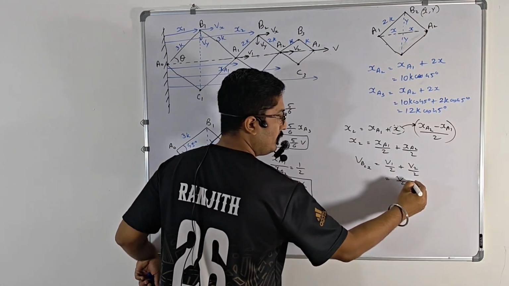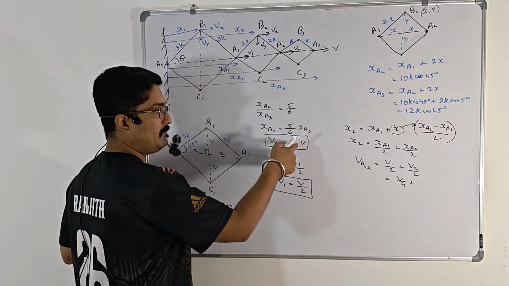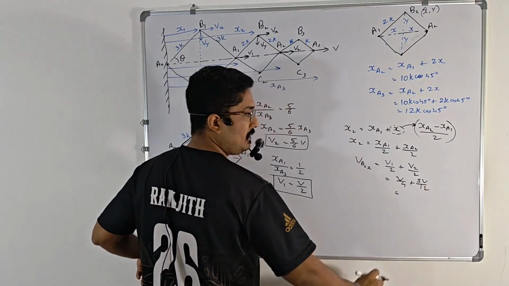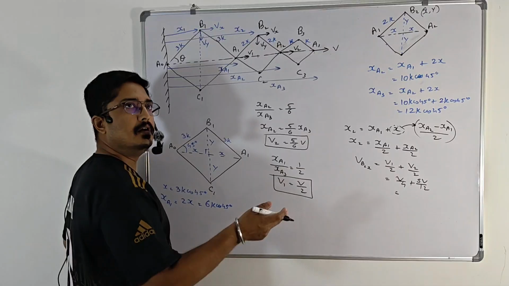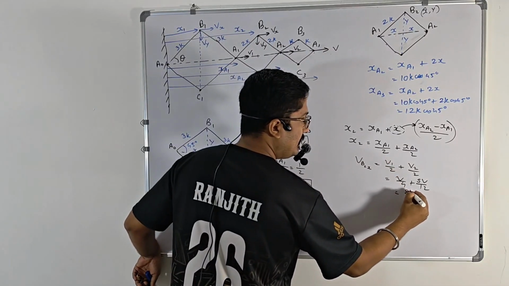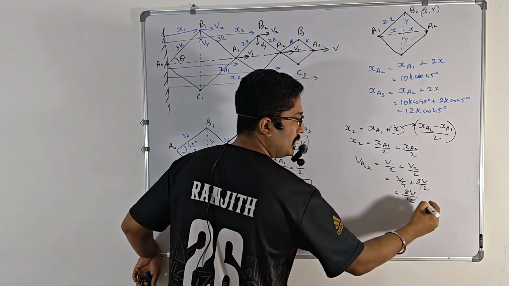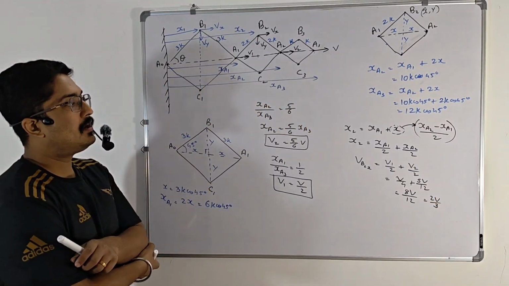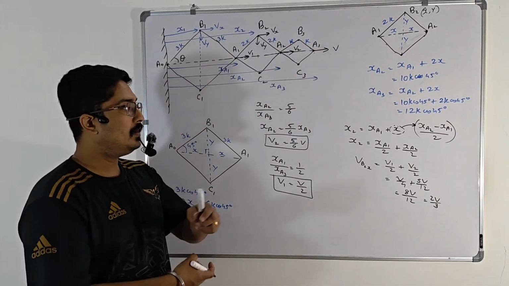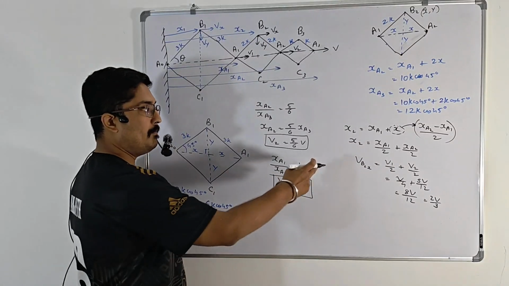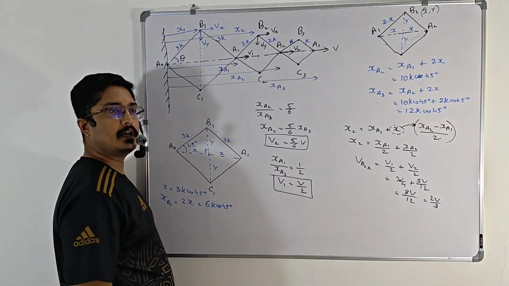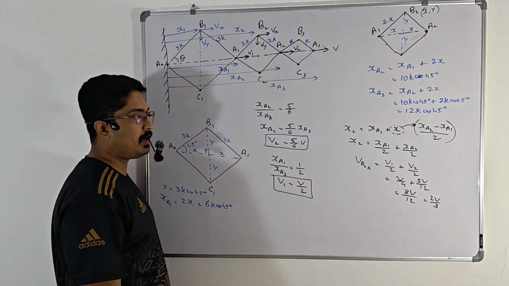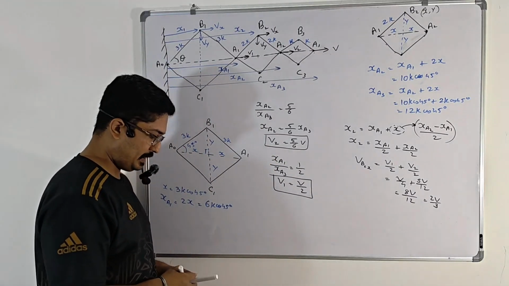So this will become v by 4 plus, v2 value is 5v by 6, so that will become 5v by 12. If I take LCM 12, 3, 8, 8v by 12, that should finally give me 2v by 3. So this is the velocity of B2 in the x direction. Now I have the velocity of B2 in the x direction.